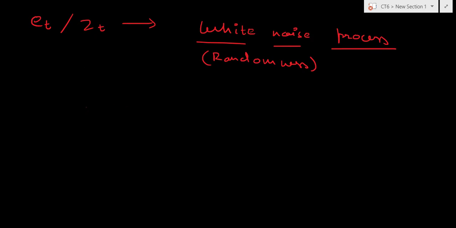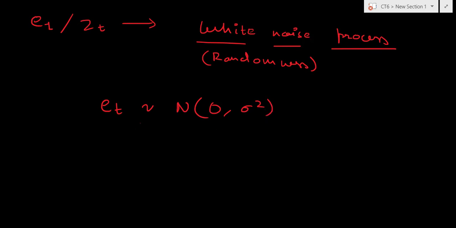Since these are errors or randomness, they can be assumed to be normally distributed. So et is usually denoted with a normal distribution with a mean of 0 and a variance of sigma square.